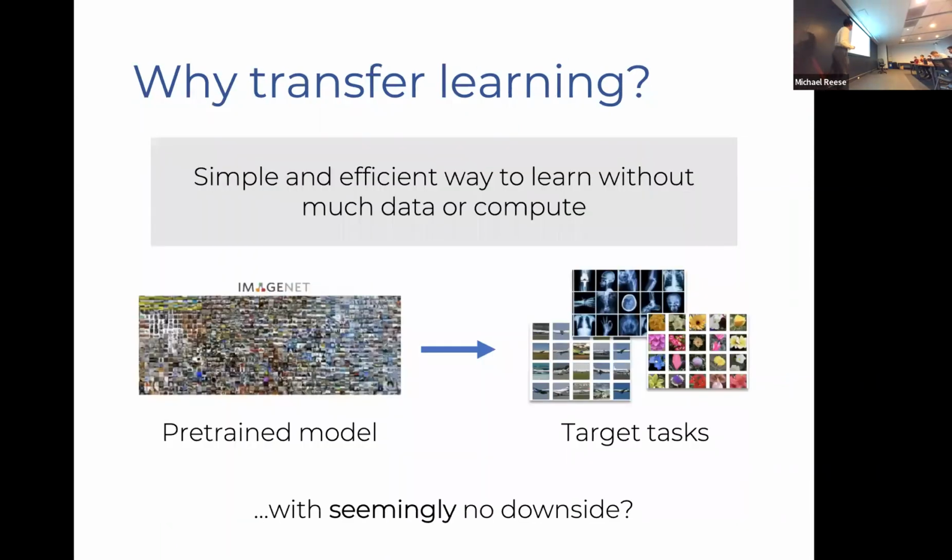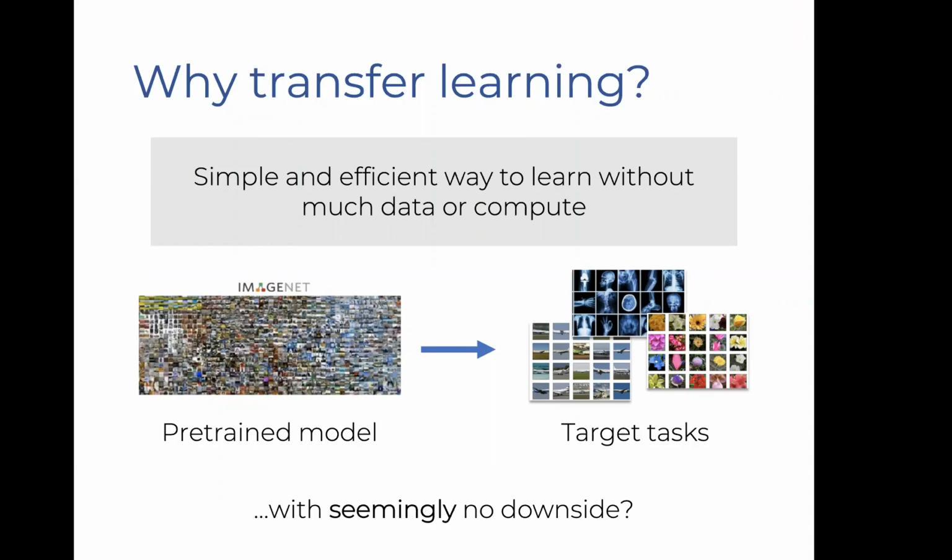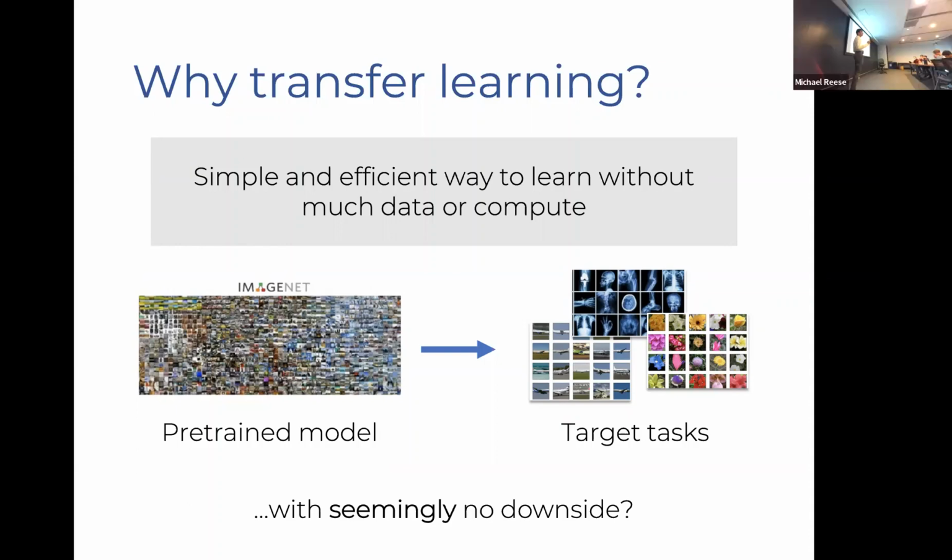So why are people using this? Well, quite simply, it's just a very efficient way to learn without needing much data or compute. So basically, when you have this pre-trained model, let's say you pre-train something on the internet, you can then fine-tune it on many different target tasks, which have a small amount of target data, and then a small amount of compute, because fine-tuning is very quick. Okay? So as long as you have the pre-trained model, it's very nice, right?